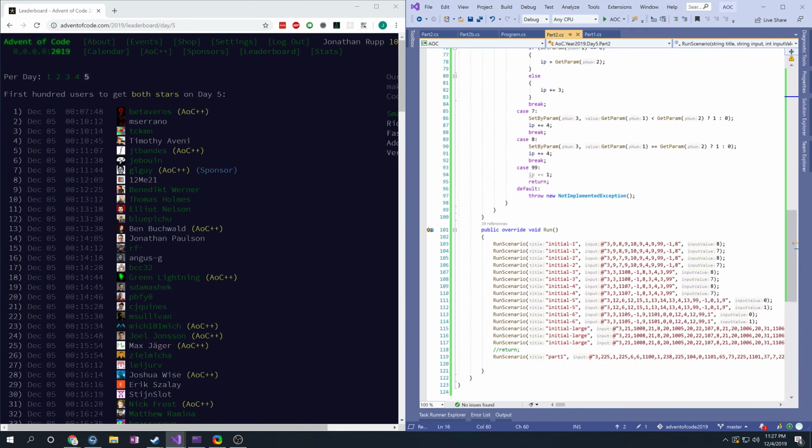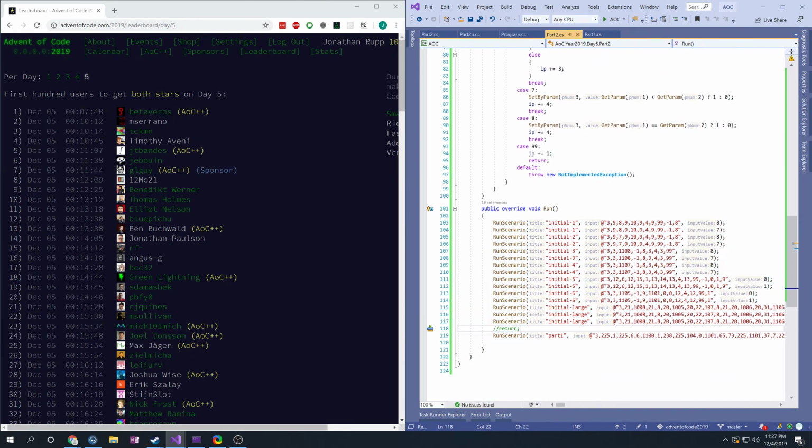I will say I don't recall on problems like this before us getting this much good test data. A lot of times these problems rely on things we can get wrong that you're not going to tell until you try it with your own inputs, and hence it's harder to debug because you're not sure what the exact right answer should be.